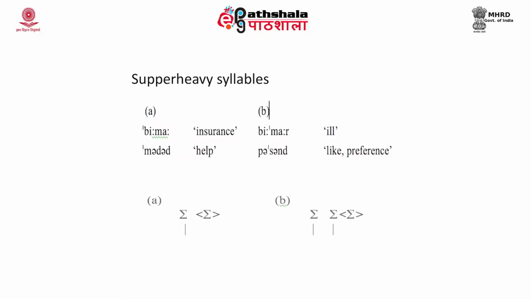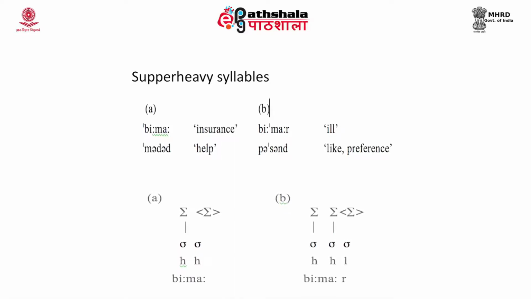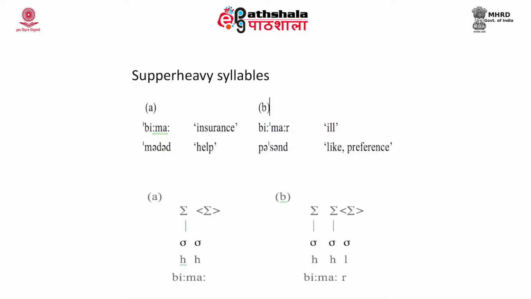Similarly, Madad, 2-syllable, but Pasand. So the Pasand only has 1 more consonant in the last syllable. Now the difference is that Bima and Madad have stress on the first syllable, and Bimar and Pasand have stress on the second syllable. How do we explain this?